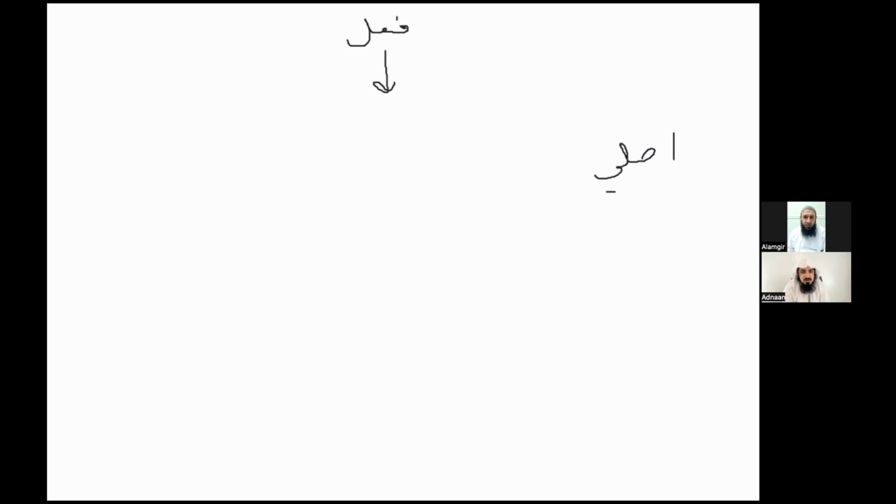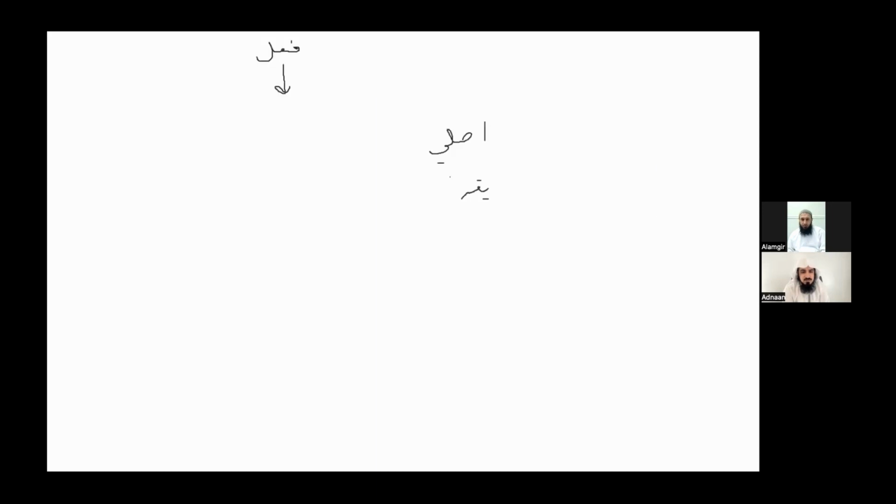Let's say يقرأ. Take these two for now. What does أصلي mean? I pray. So notice how this word here, أصلي, is giving you two pieces of information.